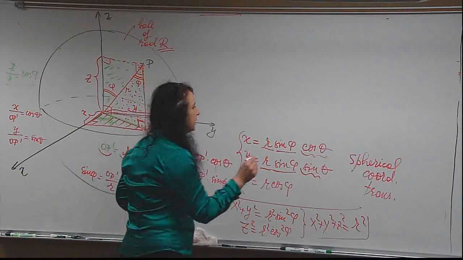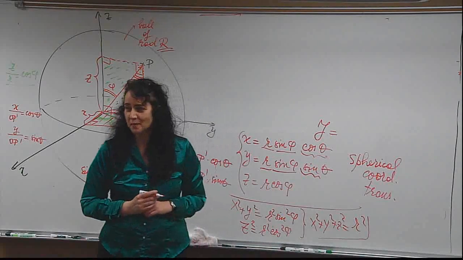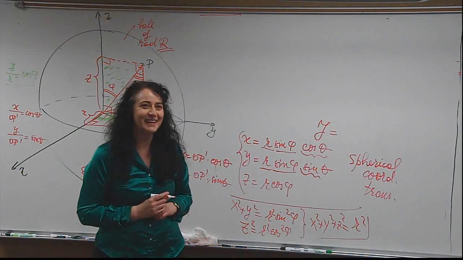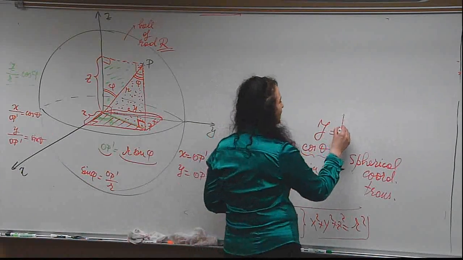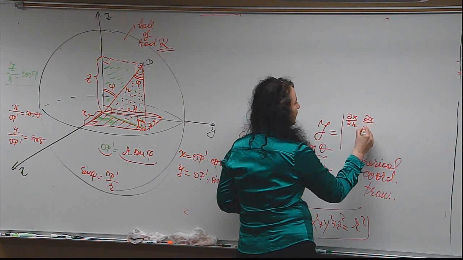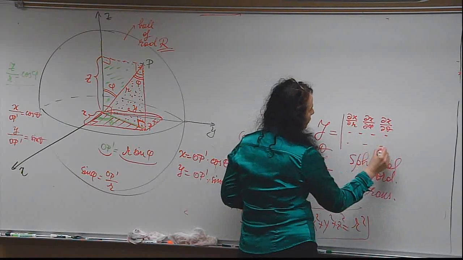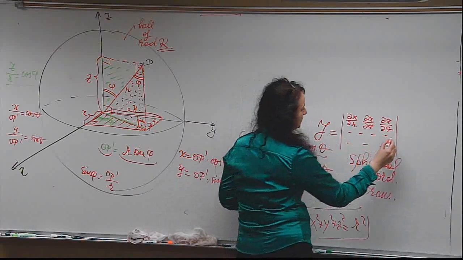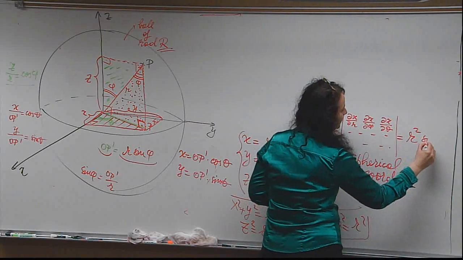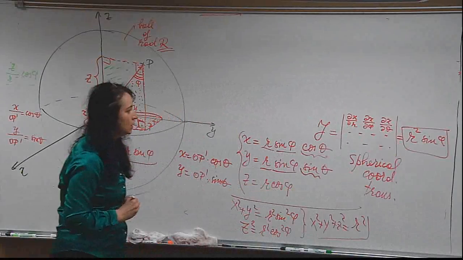Now, the beautiful thing about the Jacobian for spherical is that it has to be memorized. Because for you to write it down as a determinant, dx dr, dx d phi, dx d theta, and there are 6 more like that, it takes forever. So it's better that I tell you what it is. I computed it a few times, and we get r squared sine phi.